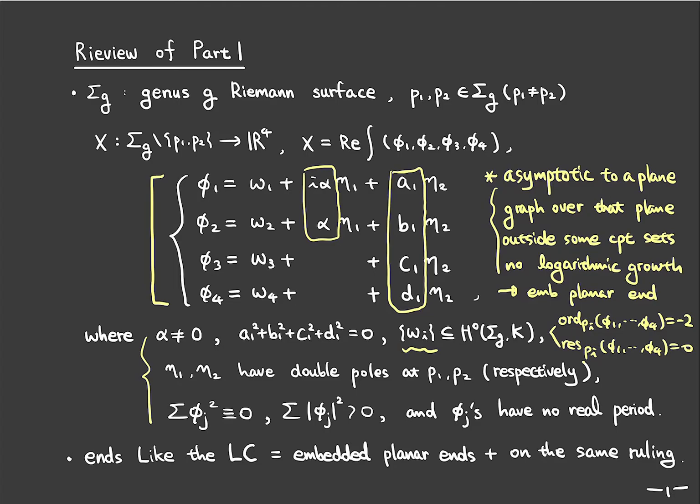And we say that a minimal surface has ends like the Lagrangian catenoid if it has two embedded planar ends and the Gauss images of the ends are on the same ruling.